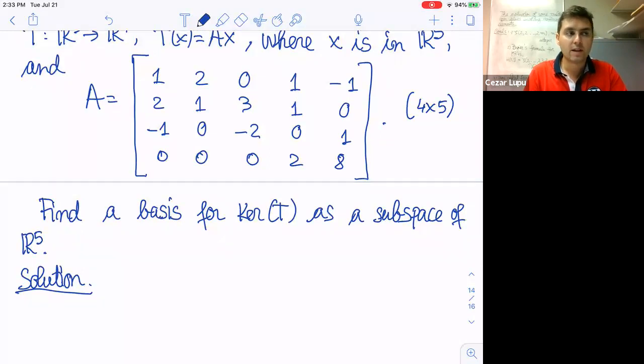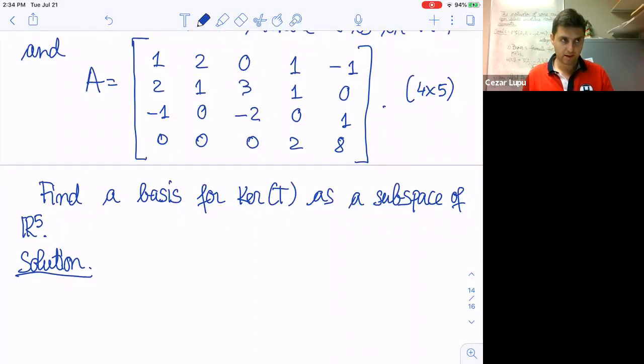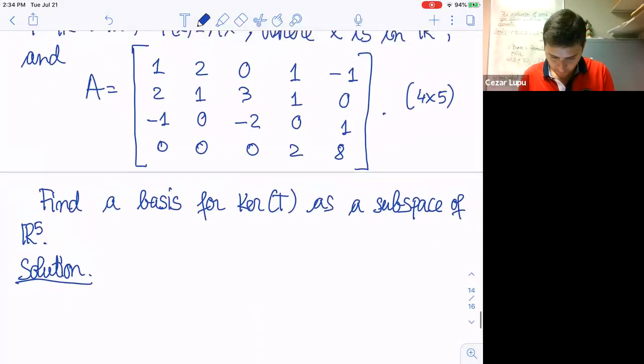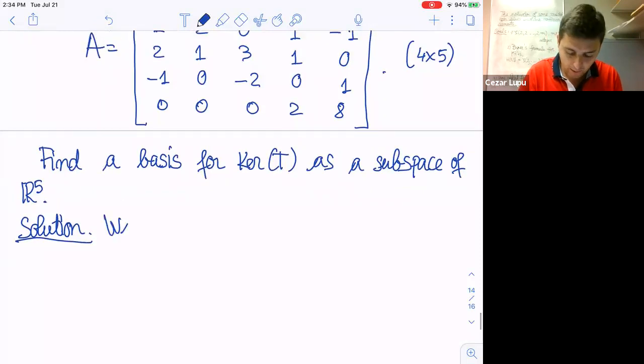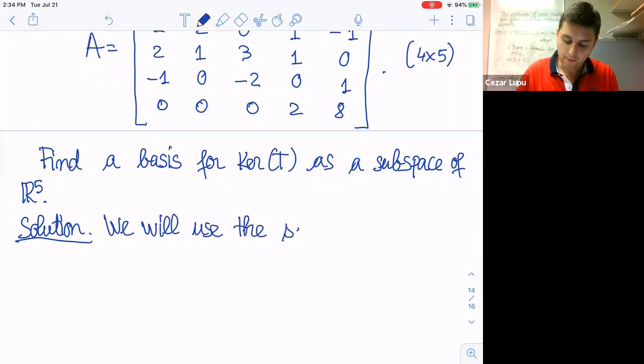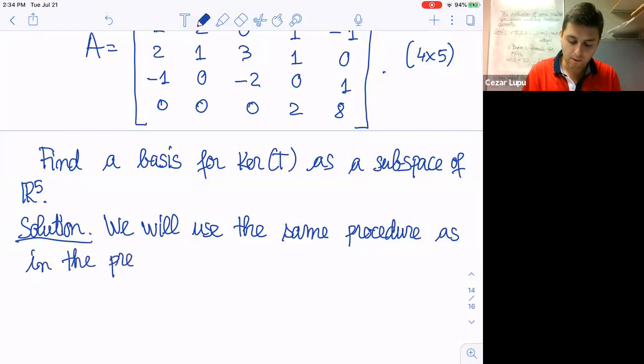So we will use the same procedure as in the previous example, and we will write the augmented matrix.